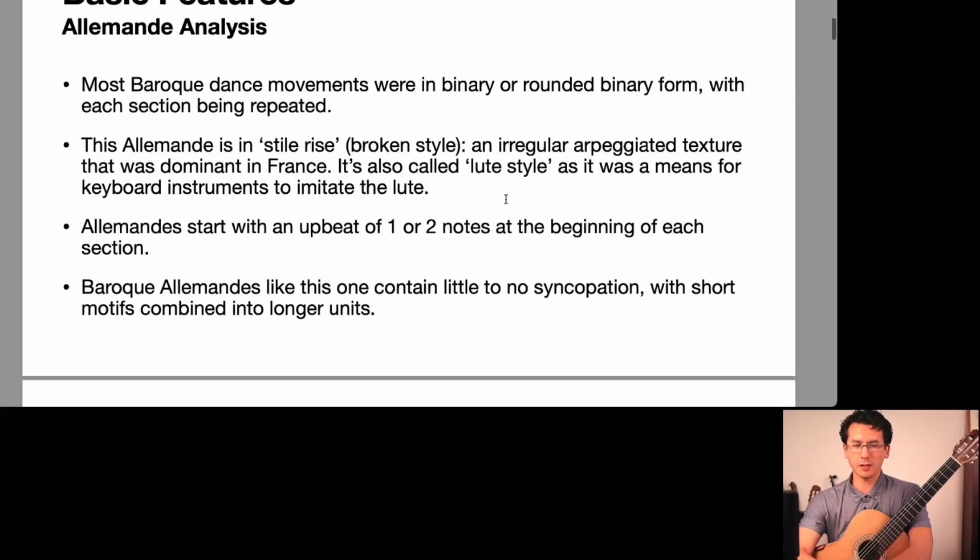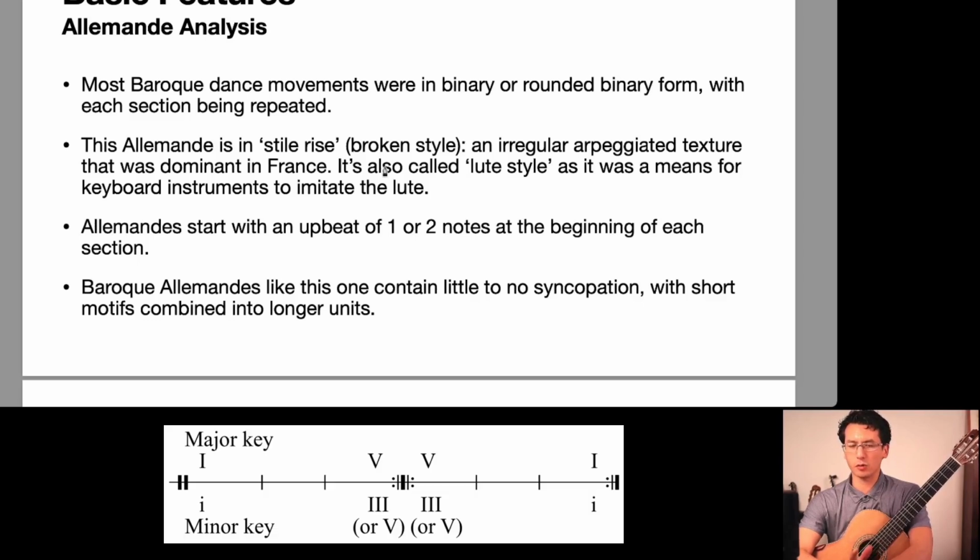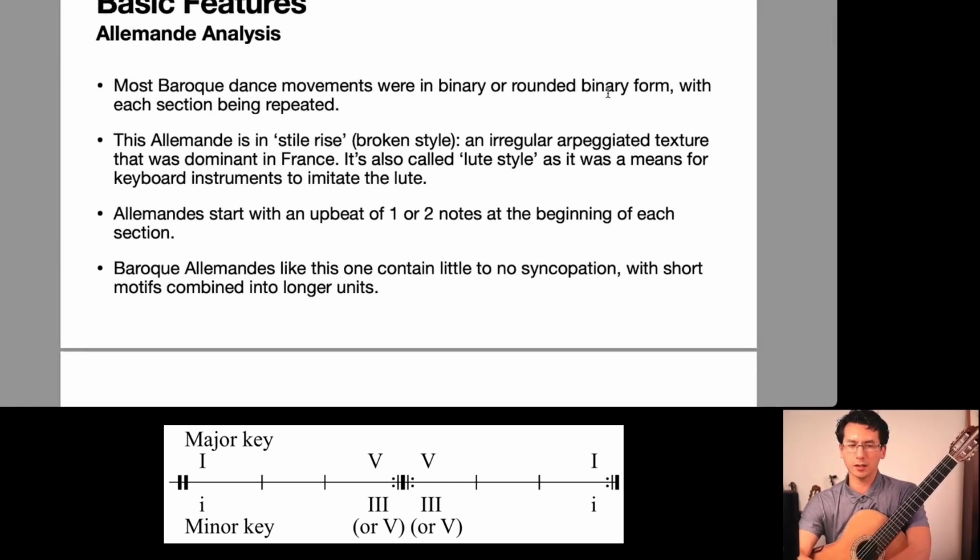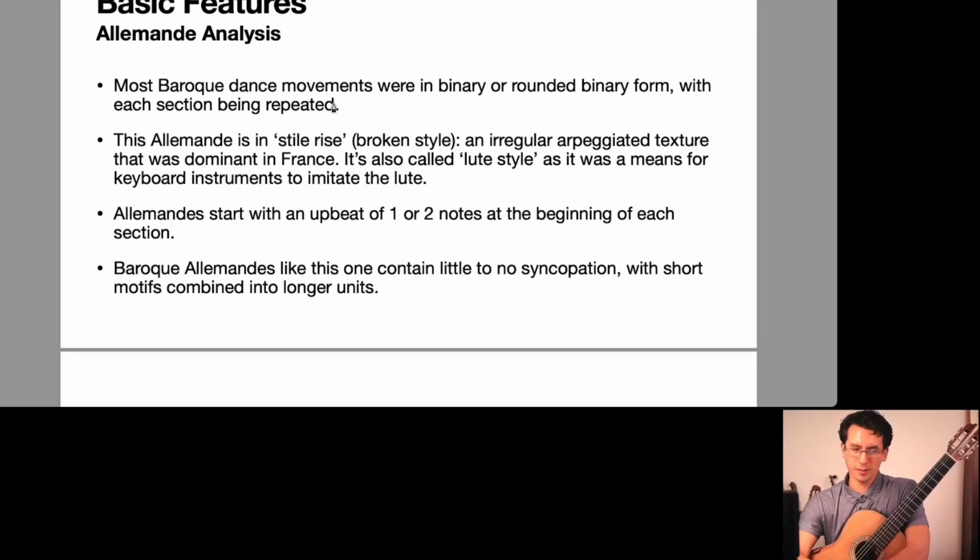So some basic features of the actual Allemande. Most Baroque dance movements were in binary form or rounded binary. I would say most typically binary, but you do see some with rounded binary, and each section's repeated. I don't think I've mentioned this, but the repeats will often give an opportunity for ornamentation, extra ornamentation.